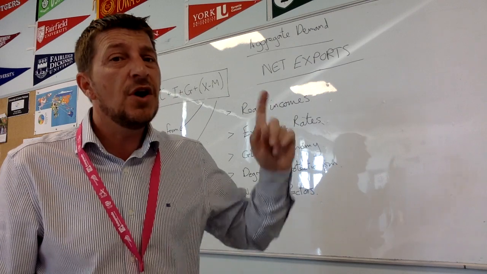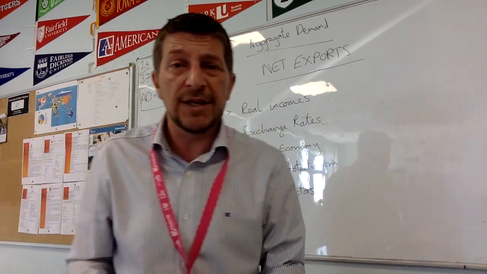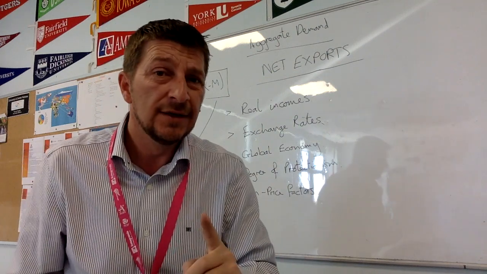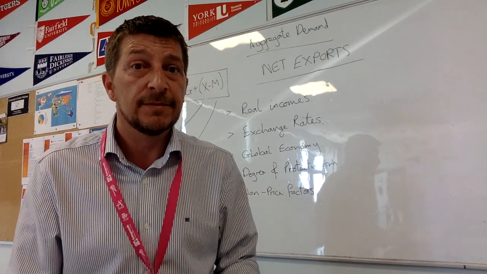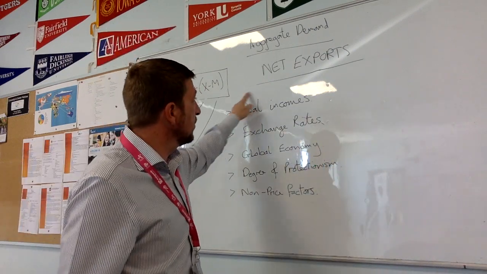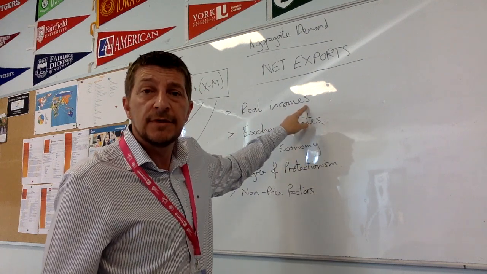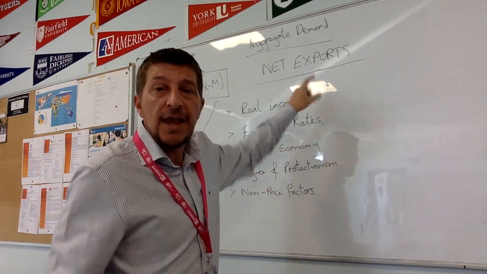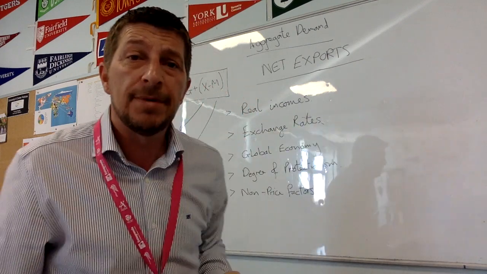That is not a real increase, because if average price levels in the economy increase by 10%, then actually my salary's fallen in real terms. So we have to take into account inflation when we're considering this particular concept.